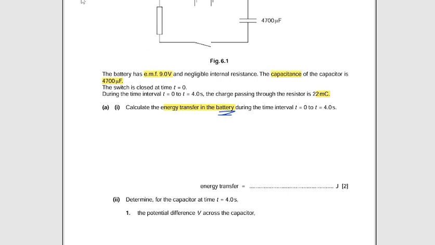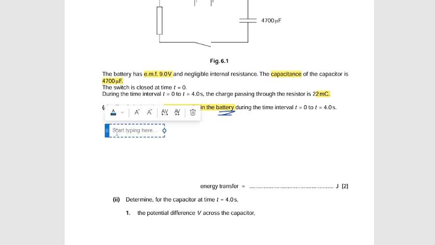Whenever we have energies related to a battery, we go back to the definition of potential difference. Potential difference, denoted by V, is the work done or energy transferred in driving a unit positive charge around the complete circuit.